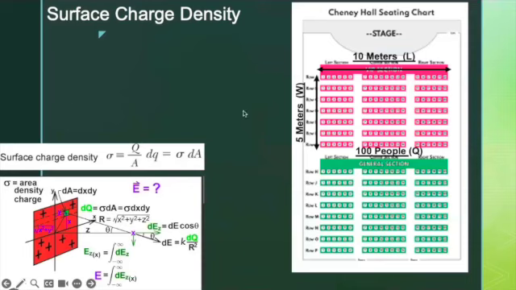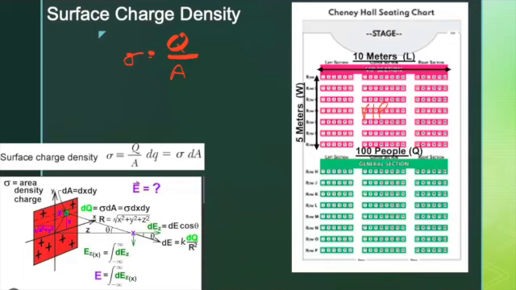Okay, so surface charge density, sigma, again, that's Q divided by our area. So let's just look at this VIP section right here. We have seating. It's pretty uniform. And so we need to figure out what is our sigma? What is our density? How many people per unit?